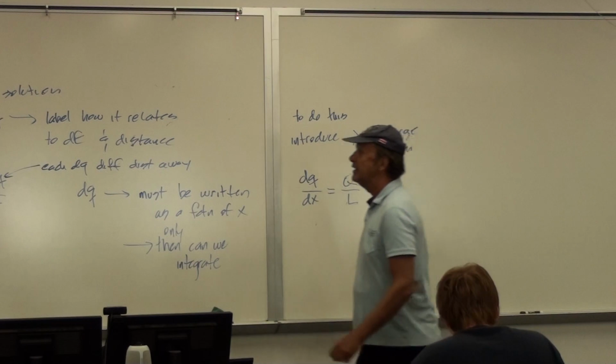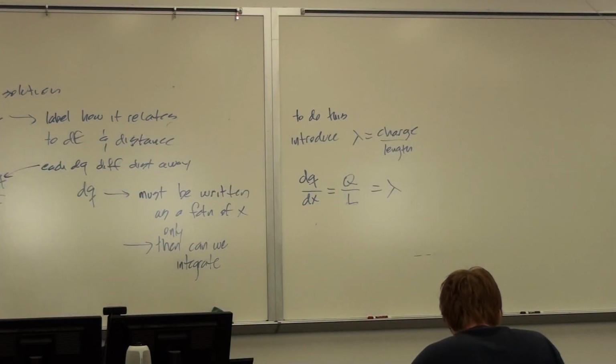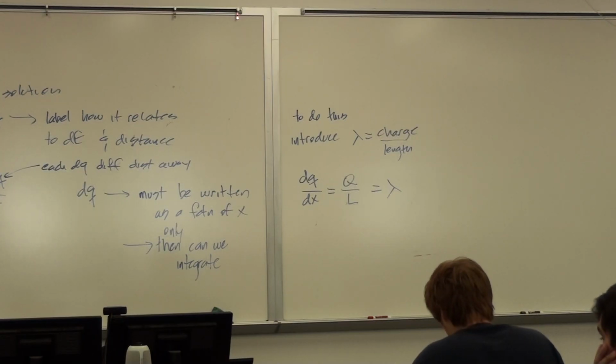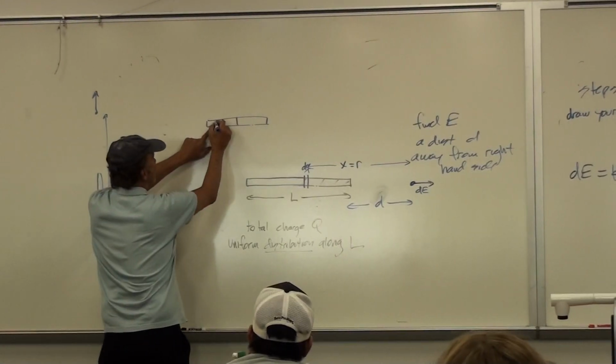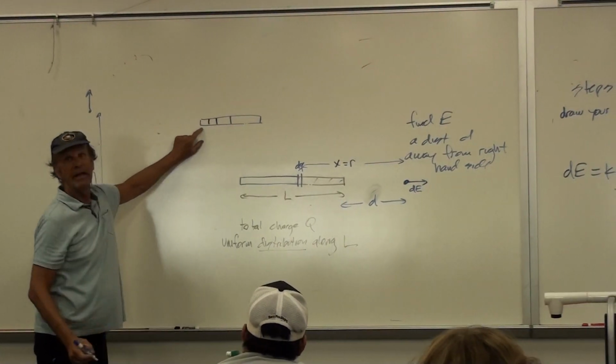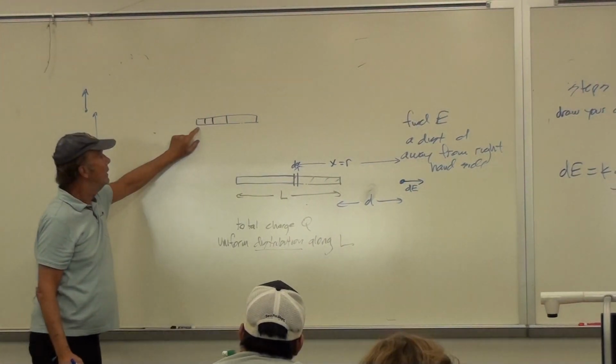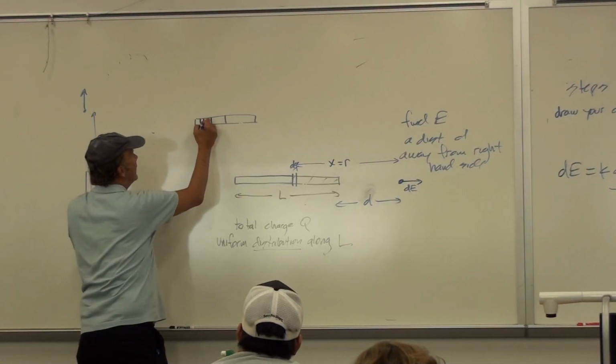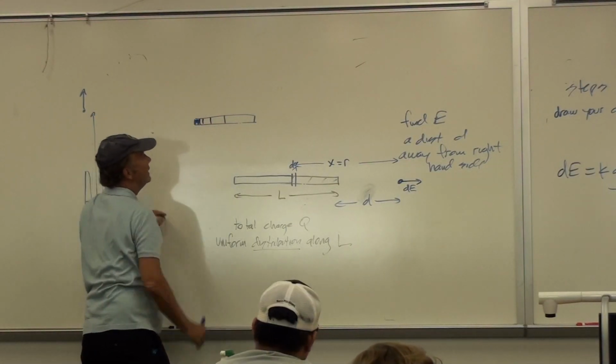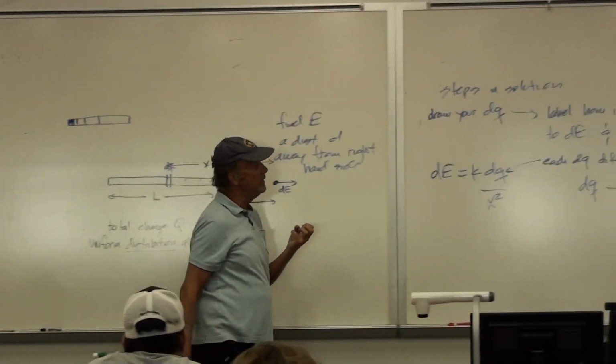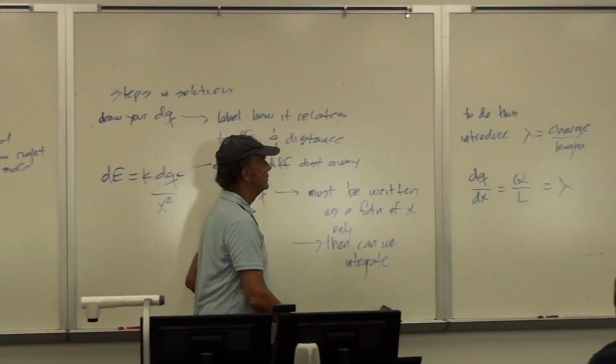Why? Because charge per length, if I cut the charge in half, and I want to know what the charge per length is, I've got half the charge, but half the length. If I cut it in half again, I've got a quarter of the charge, but a quarter of the length. If I cut it in half again, I've got an eighth of the charge, but an eighth of the length. So I can keep subdividing it like that until finally I'm all the way down to the limit as delta x goes to 0.